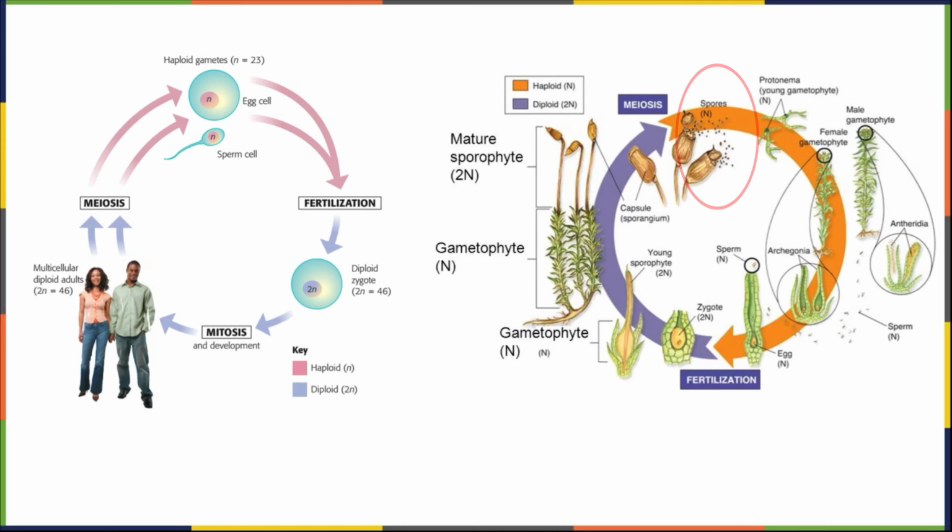Those spores grow as tissues, and those are haploid tissues, and they are the dominant stage in the moss's life cycle. So this is way different than us. But this is an example of how nature doesn't just have 2N dominant life stages. There's also 1N dominant life stages.